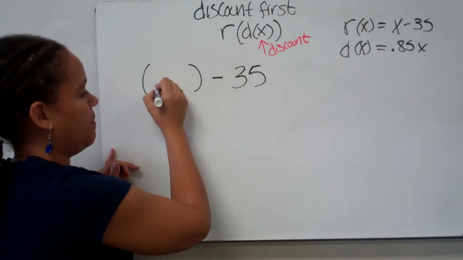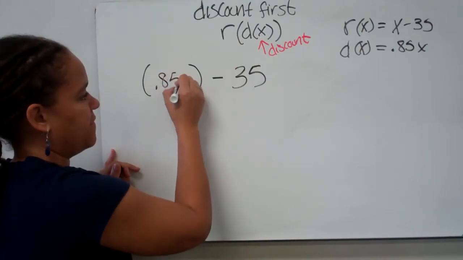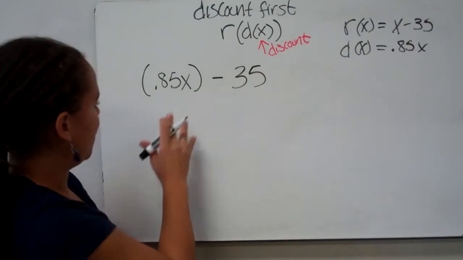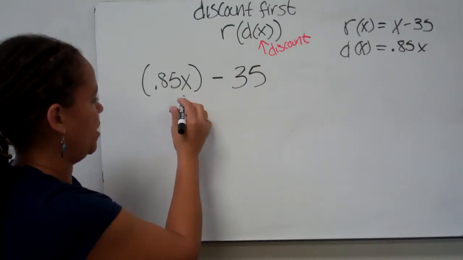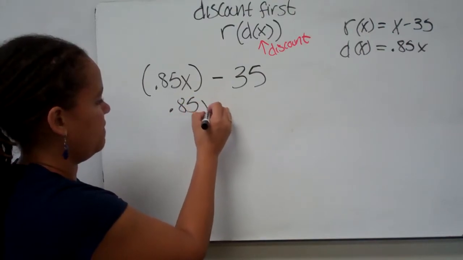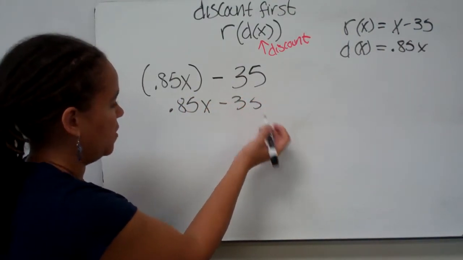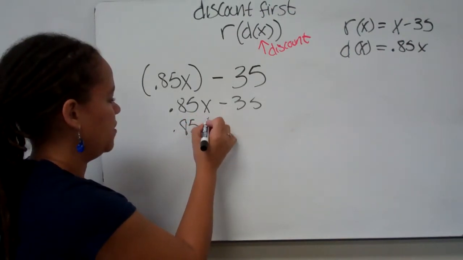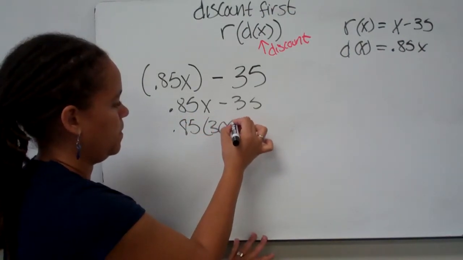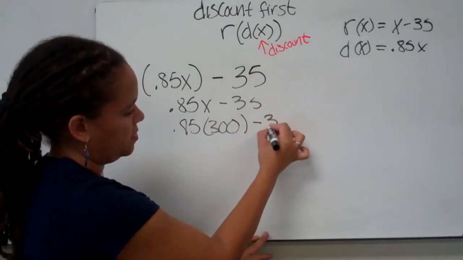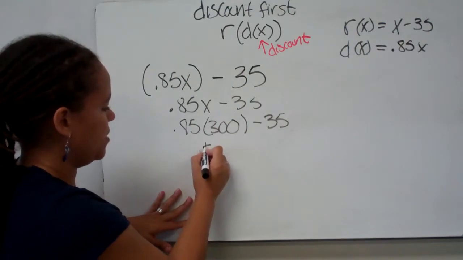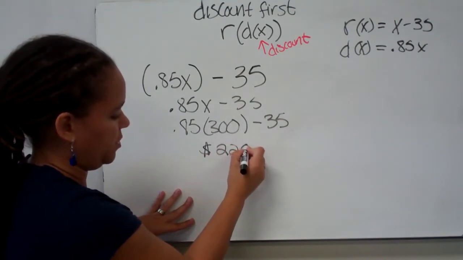So I'm going to plug in the 0.85x. So if we evaluate this, it just ends up being 0.85x minus 35. And of course we know x is the cost of the audio player, so 0.85 times 300 minus 35. If you do that and figure it all out, that ends up being $220.